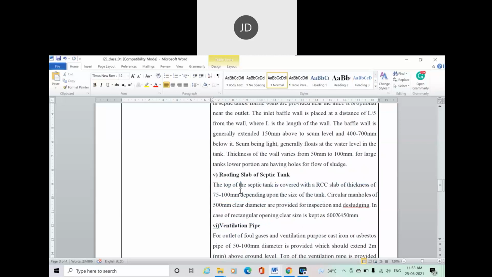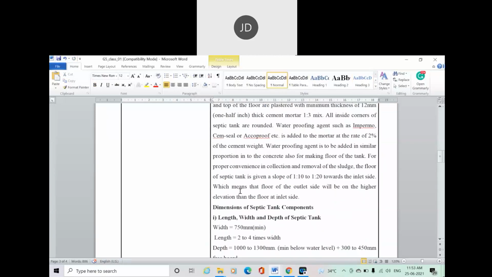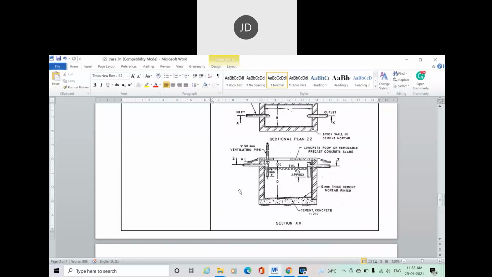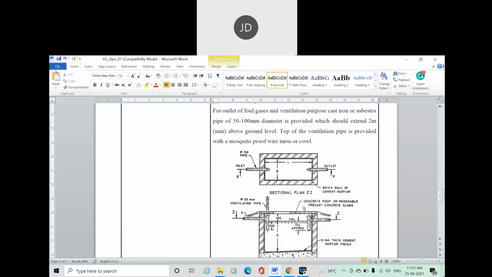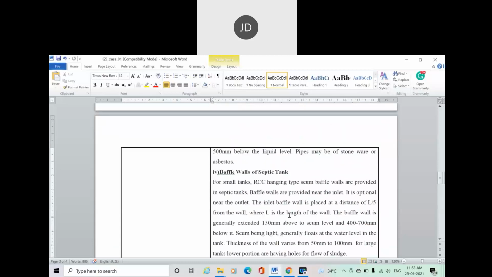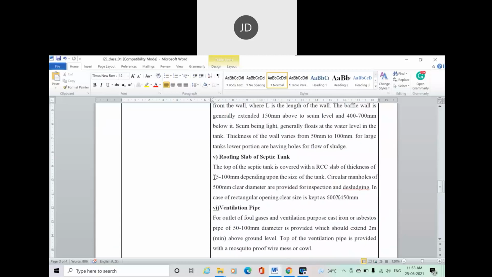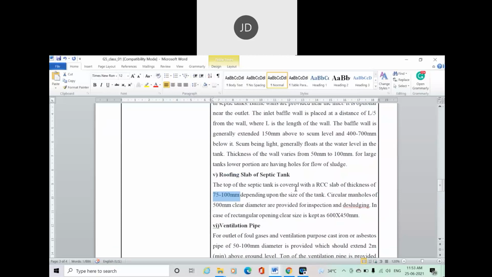Here in the diagram, this is the concrete roof. The thickness of this roof is considered 75 to 100 millimeter, but it also depends on the dimension or the size of the tank.